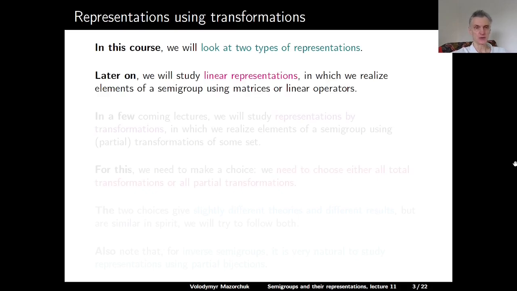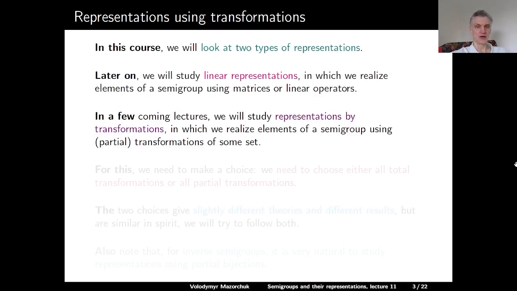A little bit later on we will study linear representations in which we realize elements of a semigroup using matrices or linear operators. But in the few coming lectures we will study representations by transformations, in which we realize elements of a semigroup using transformations or partial transformations of some set.